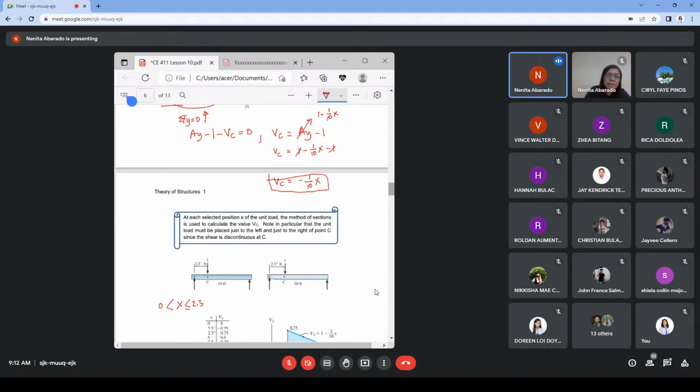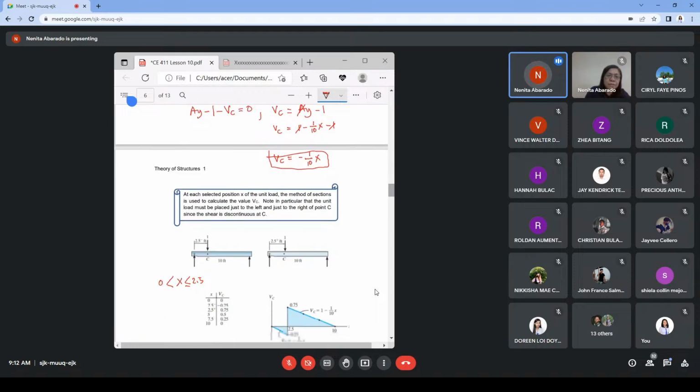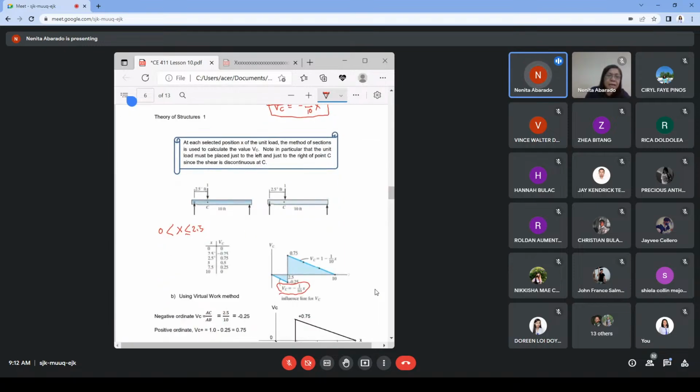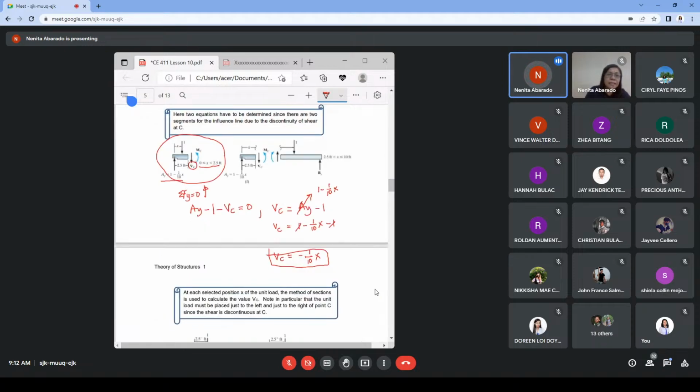next, we have the moving load. The moving load is now passing through. Okay, when it passes, let's say the unit load is now here. What will be the equation? You can use this equation: summation of Fy is equal to 0.